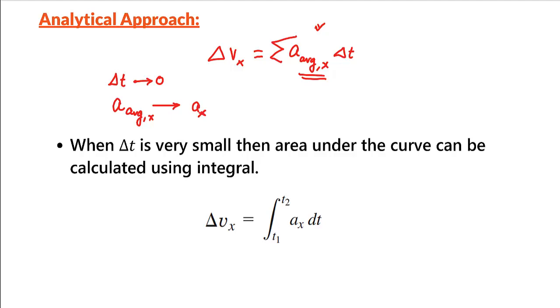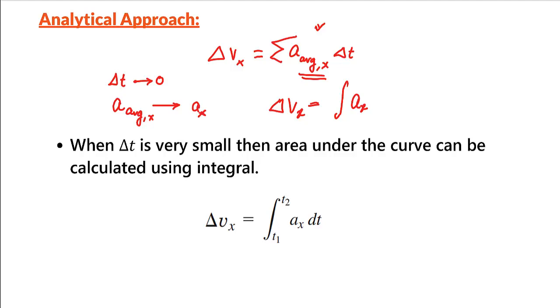So this is the idea. In that case, we can calculate change in velocity in the x direction simply using integration. This is the sign of integration, and the average acceleration in the x direction becomes the instantaneous acceleration in the x direction.